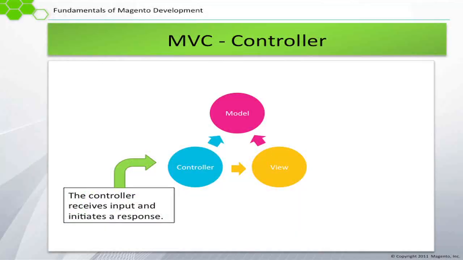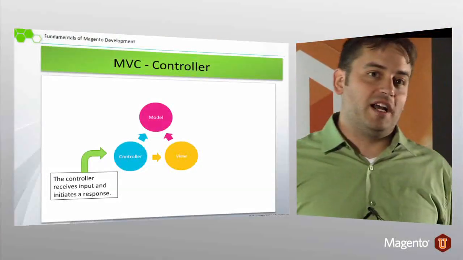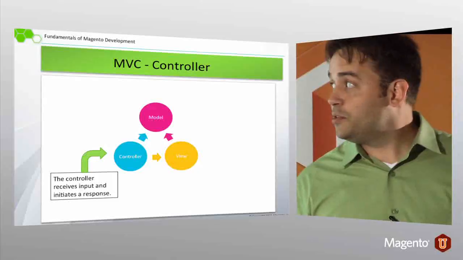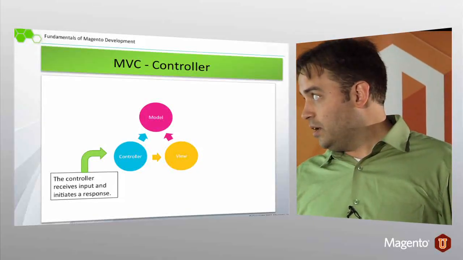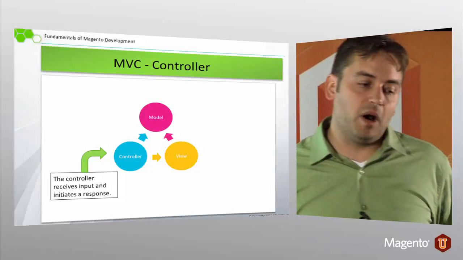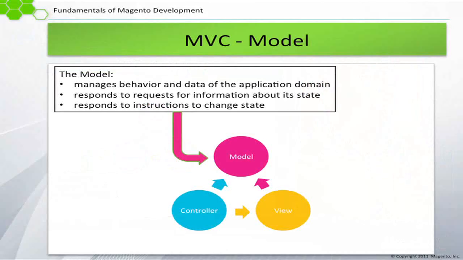So, typical MVC flow. The controller gets the request. The layout is consulted in Magento, and the view will actually grab the model. The model, of course, is responsible for representing things in your system, and also for storage, retrieval, and putting things in.